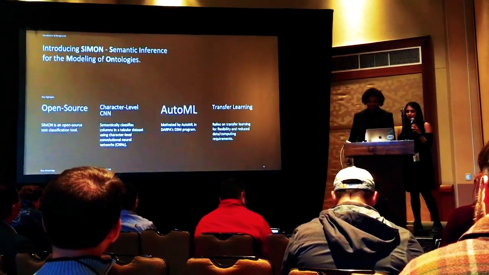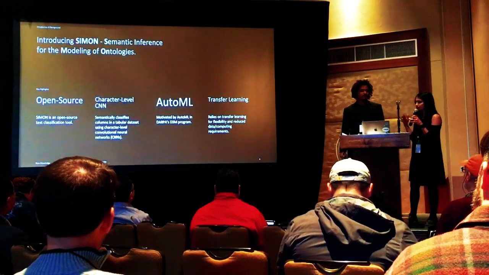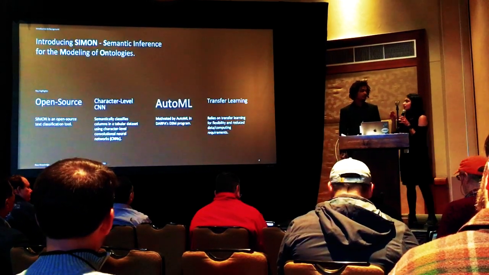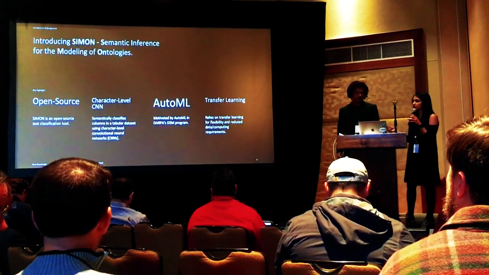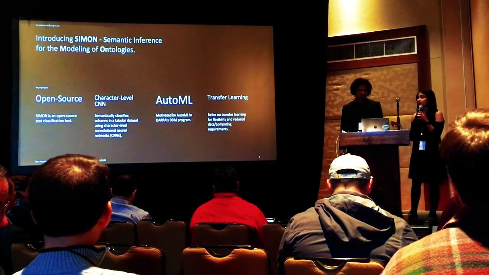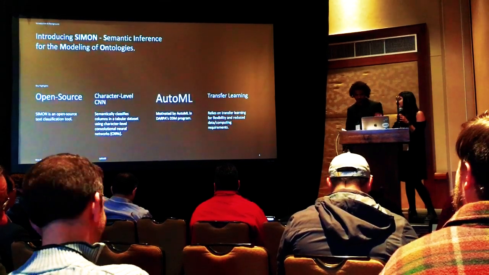I think earlier today, Graham talked in his talk, about how AutoML systems are the future of data science, and one of the tools he mentioned, feature tools, actually came out of DARPA's D3M program.